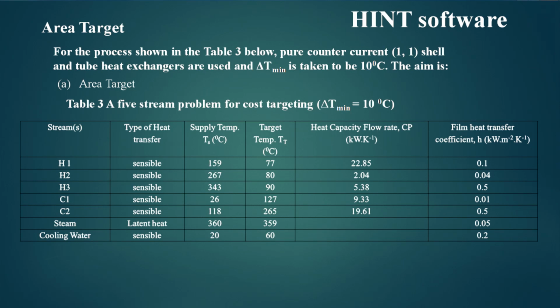Due to this pressure drop, a temperature drop will also occur, so if I take the temperature to be 300 and 299, I am not committing any mistake, because this is in heat balance and no error will be introduced in the computations. Now, let us start the area targeting using this table 3 data.